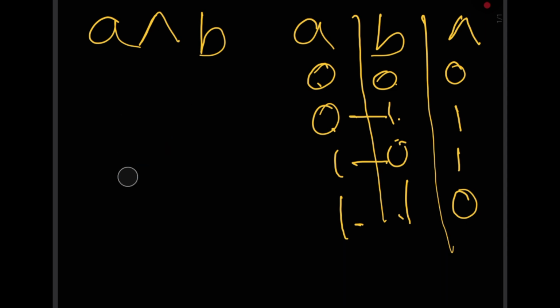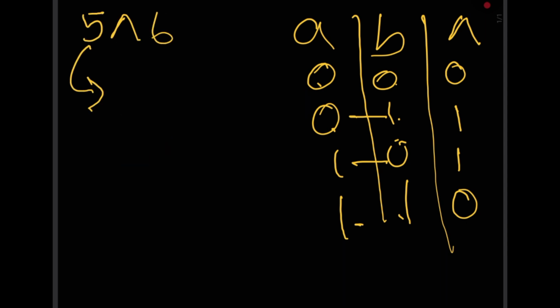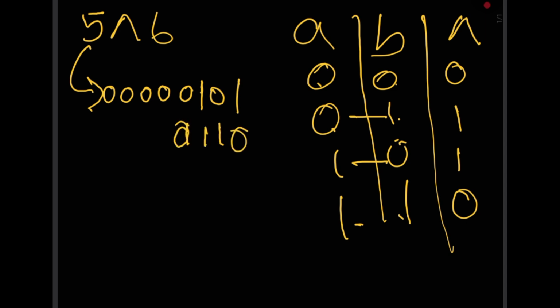Now let's perform for 5 cap 6. So the binary of 5 is 0 1 0 1, and 6 is 0 1 1 0. Now 1 XOR 0 will be 1, 0 XOR 1 will be 1, 1 XOR 1 is 0, and all these are zeros.